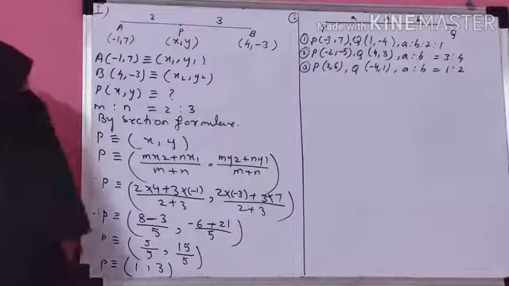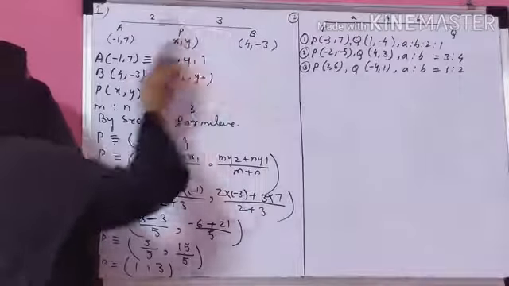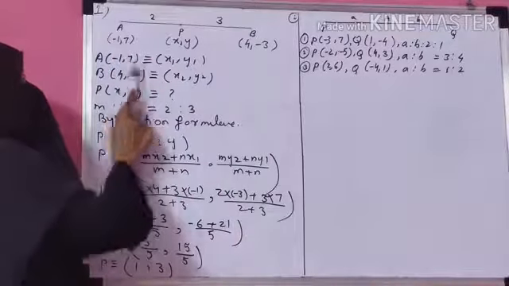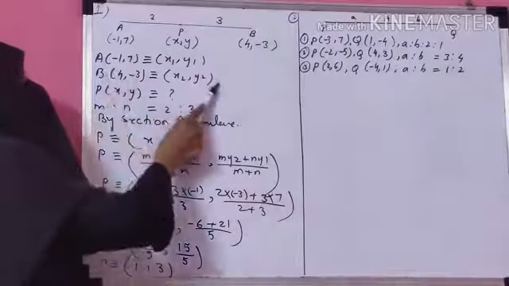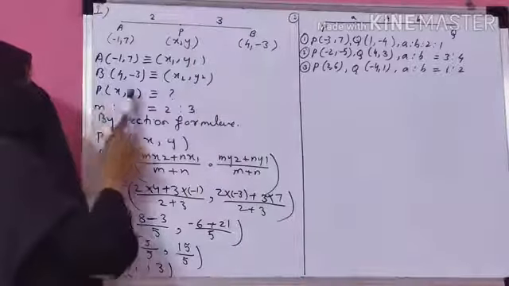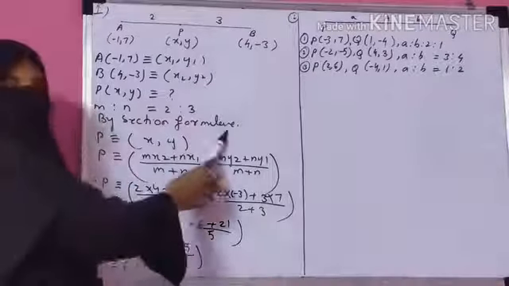Got it? So here point P divides this segment in ratio 2 is to 3, the coordinate of point A is the first point x1 y1, coordinate of point B is x2 y2, and we have to find the coordinate of point P which divides the segment in the ratio. So here we apply the section formula.